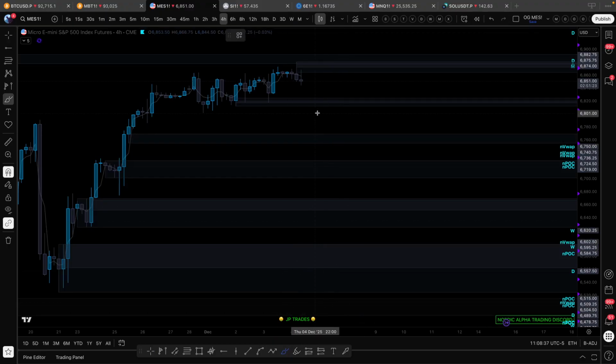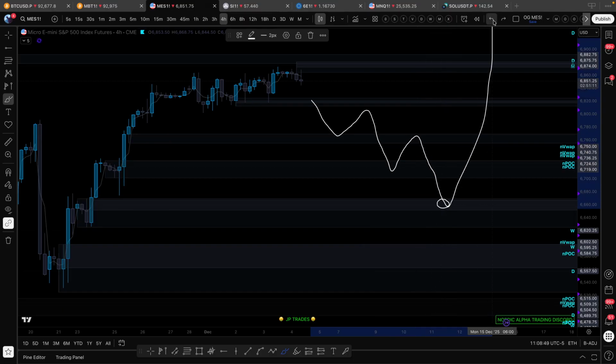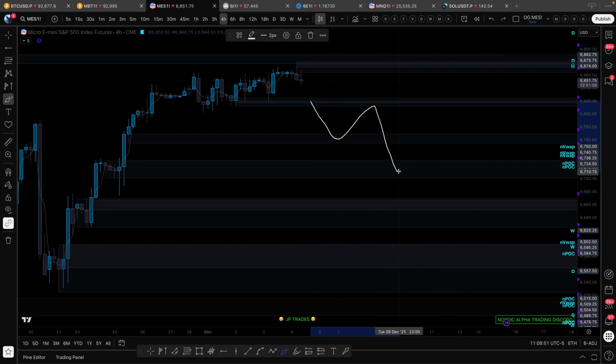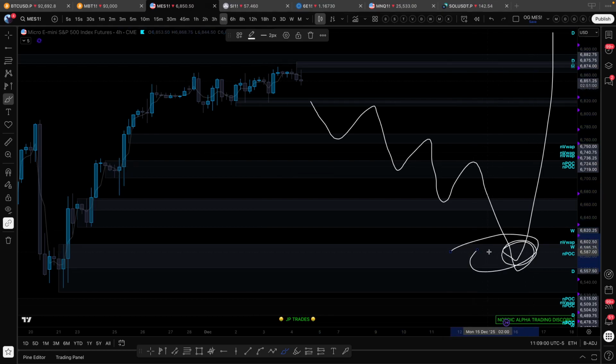And just understand that if we come here, this could be a scalp to come back test some supply to then come here and this be your swing long. Or it could come down and this be your swing long. Or you could come all the way down to this range's discount zone and have your swing long from down here.